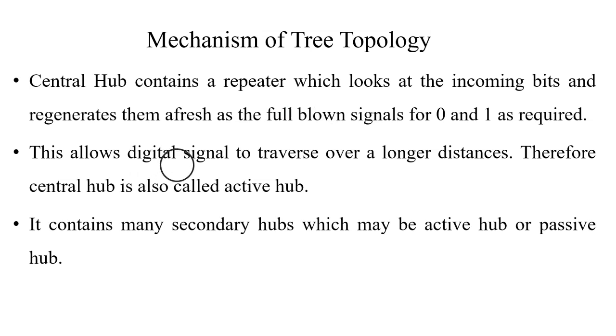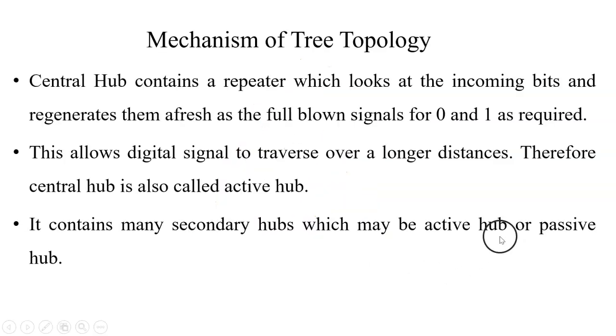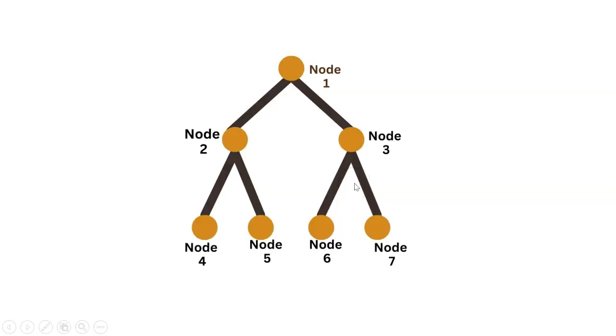This mechanism allows the digital signal to traverse over a long distance. Therefore that central hub is also called an active hub. Apart from that active node, node 1, which is the central node here, there are some secondary nodes. In this case we can say node 2 and node 3 are secondary nodes, and these nodes can be a passive hub or an active hub.